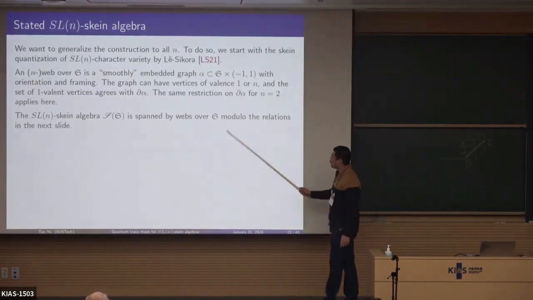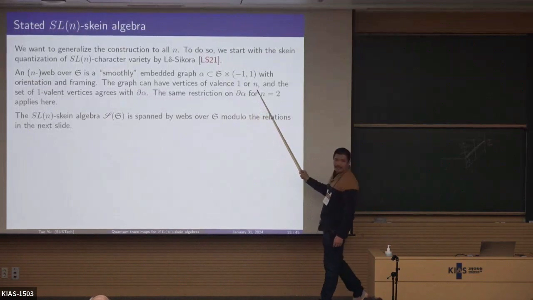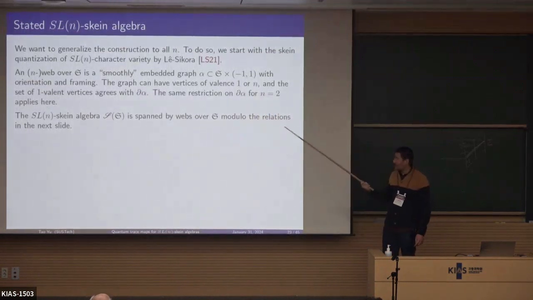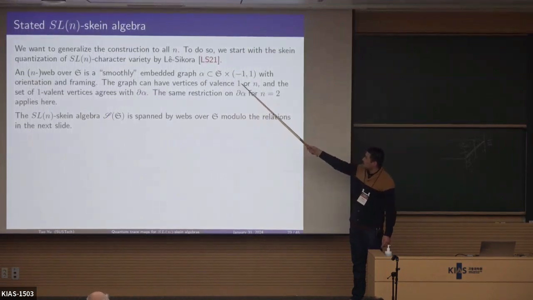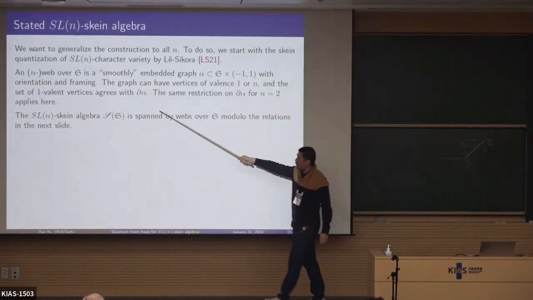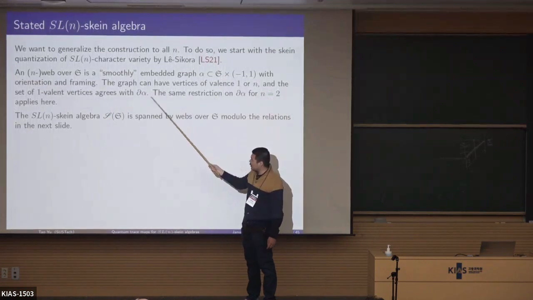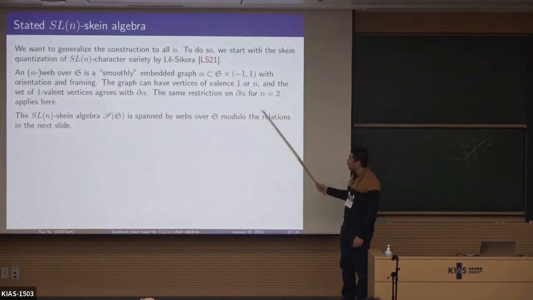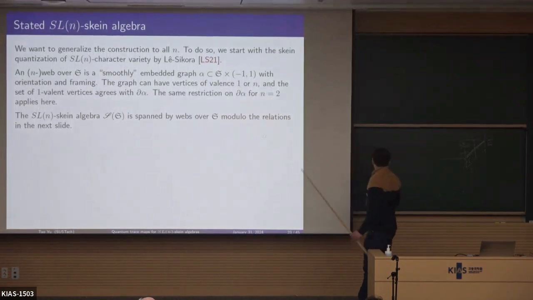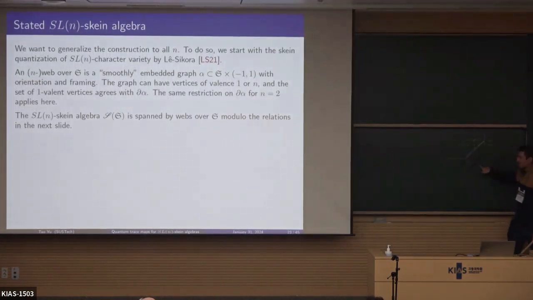The graphs can have vertices of valence 1 or n. If your manifold doesn't have boundary, then you're not allowed valence 1. If you have valence 1, they all have to end on the boundary as the endpoints of this graph. And we have the same restrictions, just like this picture.